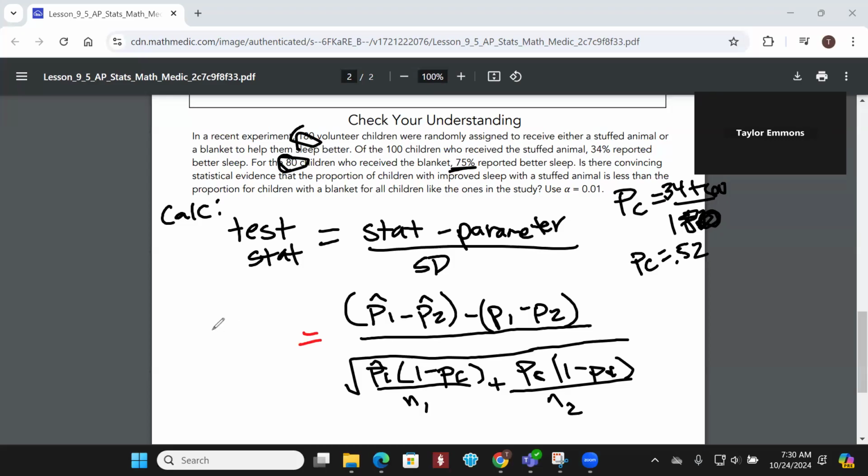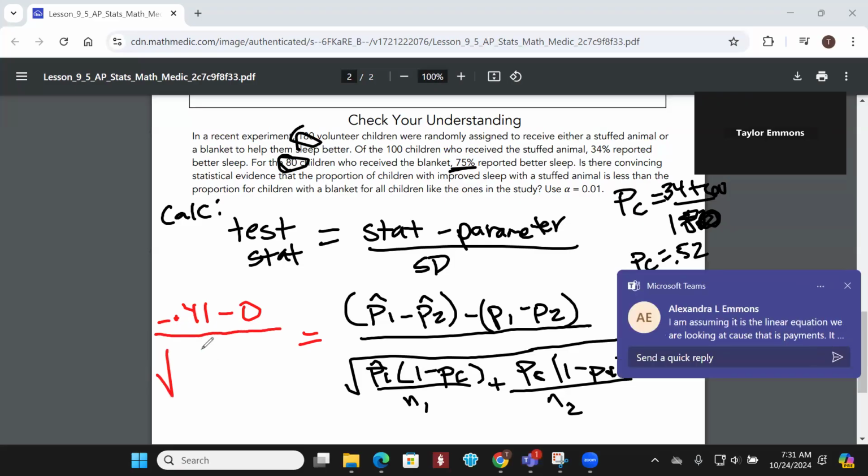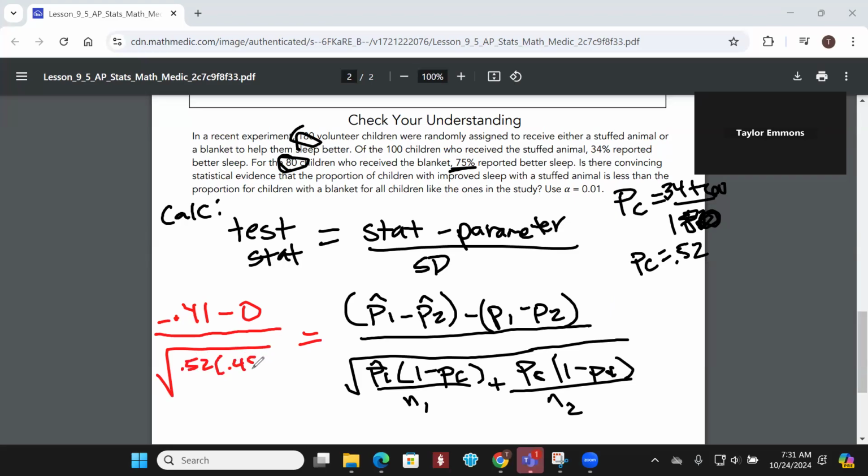When you plug in, you should have gotten negative 0.41 minus 0 divided by the square root of 0.52 times 0.48 divided by your n1, which was 100, plus 0.52 times 0.48 divided by 80. Go ahead and plug that into your calculator, and then what do you get?